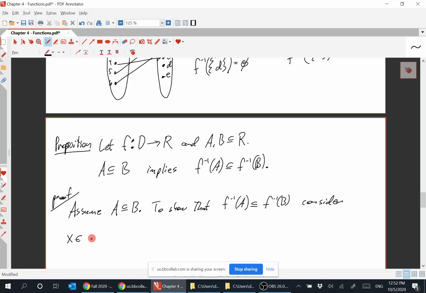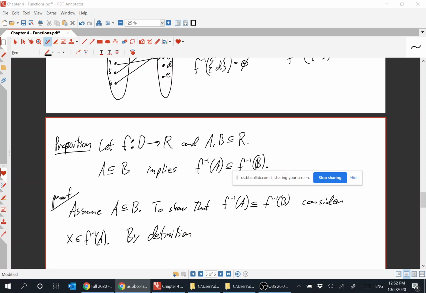Yeah, consider x an element of the preimage of A. By definition, what can you do with that x? It must also be an element of the preimage of B. Not yet.